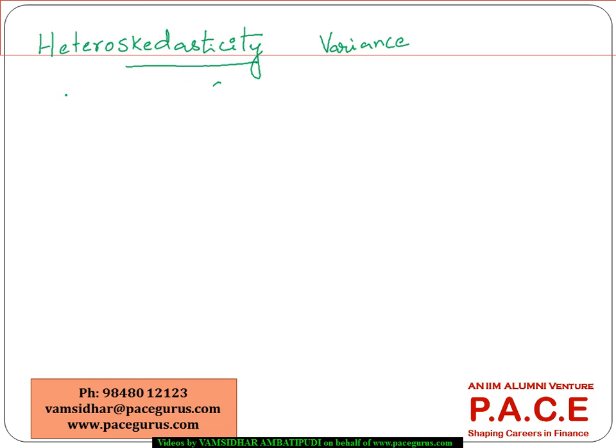So what we are saying is, as per the regression concept, whether it is simple or multiple, one of the major assumptions of that concept is variance of the residuals is constant across observations. Variance of the residuals is almost constant across the observations.